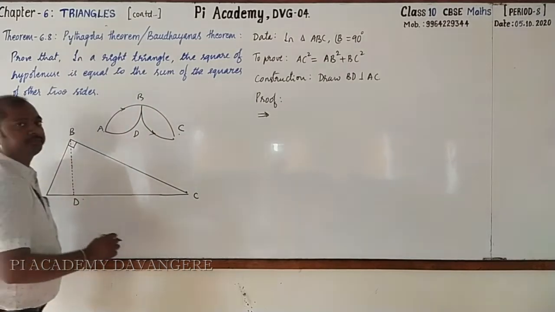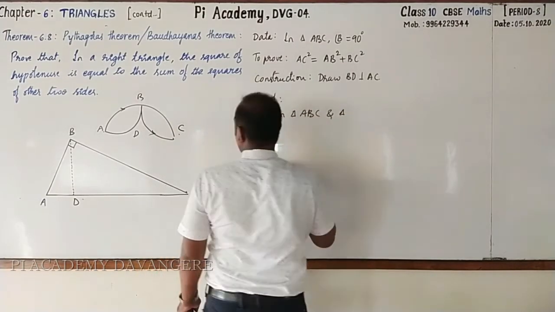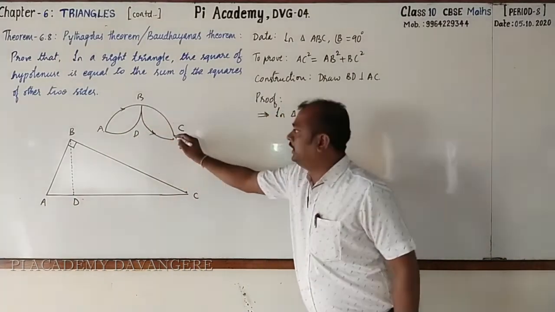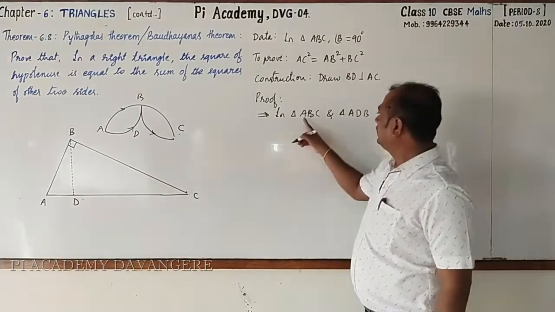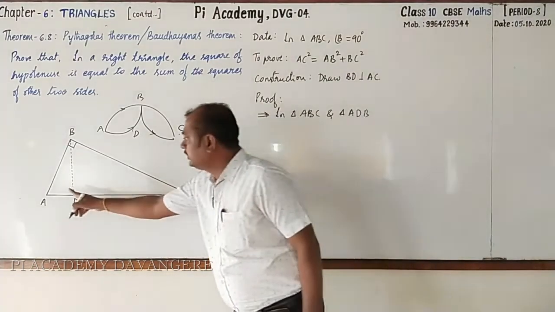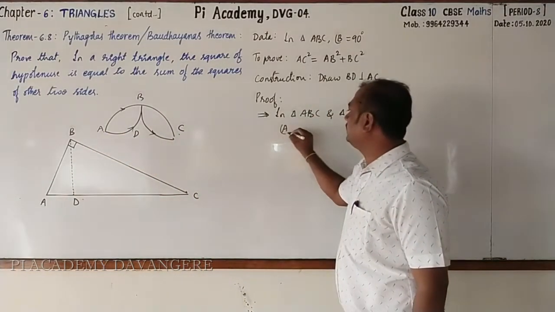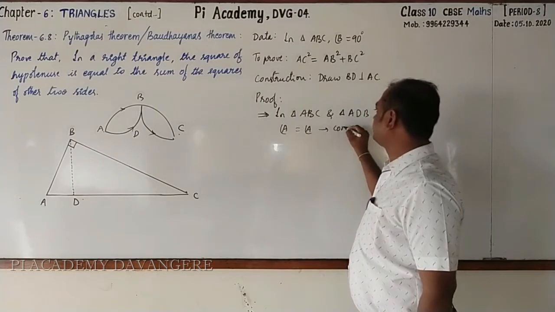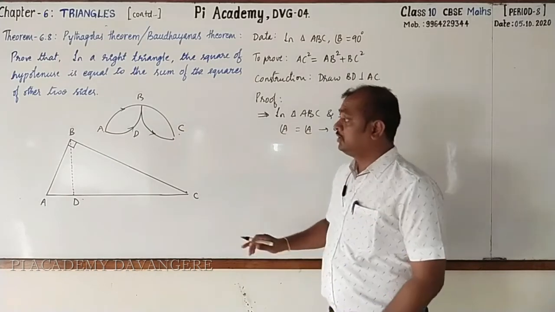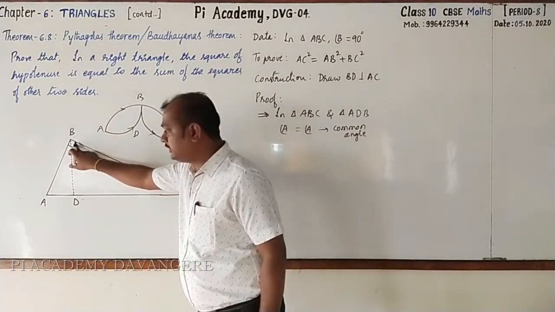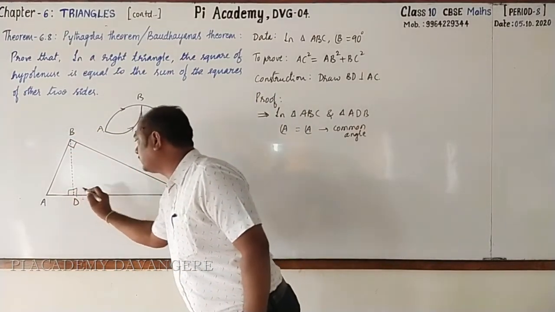ABC, ADB. In triangle ABC and triangle ADB, in these two triangles, okay, A is common, right? A is an angle of ABC, and is also an angle of ADB. Angle A equal to angle A. This is the common angle. Next, look here, angle B is 90 degrees. What about ADB? That is also 90 degrees. This is the perpendicular.